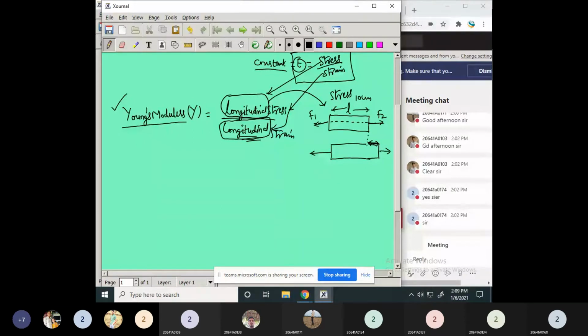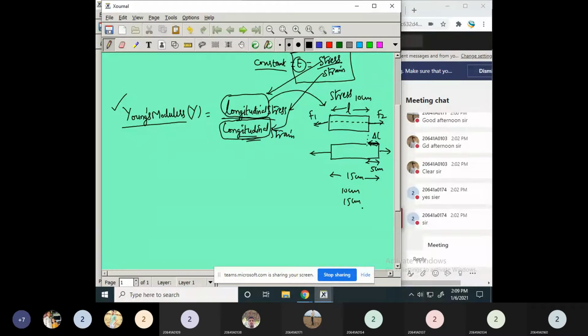Now if this is the change here, I will mark the length as delta L. Whether this is 5 centimeters or 2 centimeters, whatever it may be, and what is the total here? You will get 15 centimeters in total. Now if you compare, initially it was 10 centimeters, now it is 15 centimeters due to the application of stress.